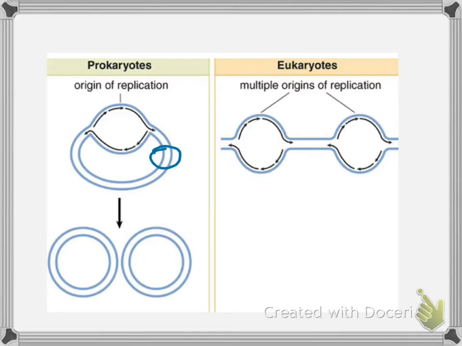It's still bidirectional, but there's only one replication bubble. That means there's only one origin of replication. And in eukaryotes, that's what we've been doing the whole time. We mentioned again that there are multiple replication bubbles, and that's to again speed up the process. So that's replication. Hope that is helpful.